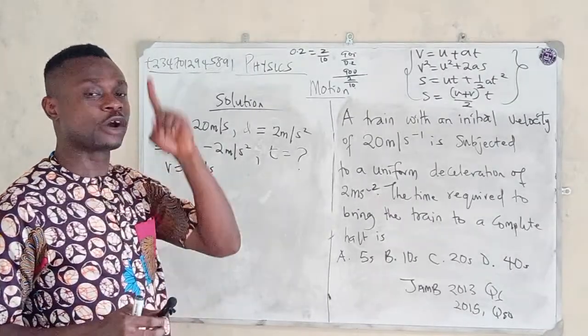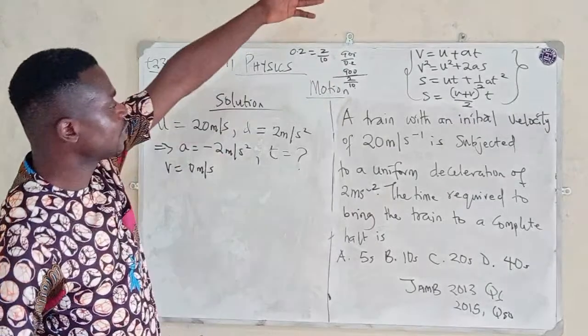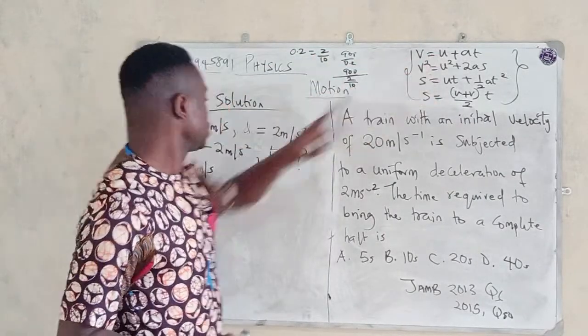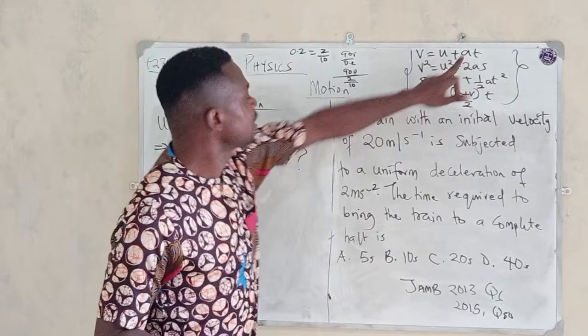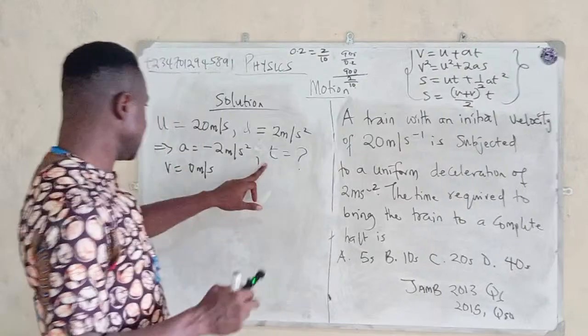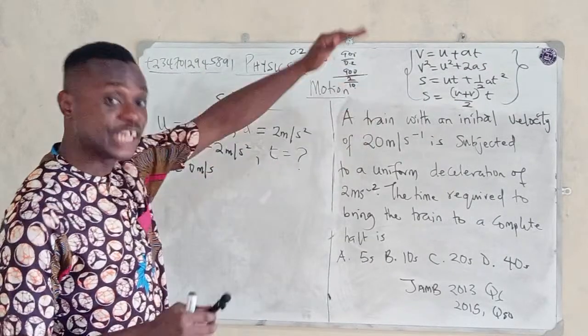Now let's look for the equation of motion that has all these parameters. Look at the first one: V, there is V here. U, there is U. A, there is A. T, there is T. Let's check the others.